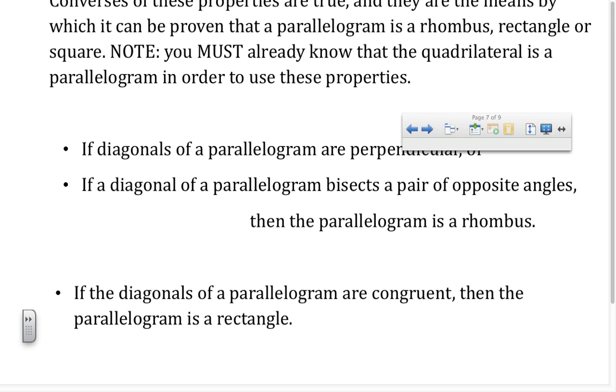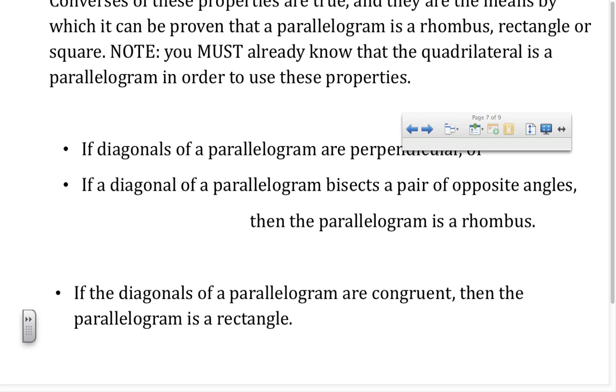And I know some of you may be thinking I'm making a big deal out of something that might not be a big deal. However, it is a big deal because there are other quadrilaterals for which the diagonals are perpendicular. There are other quadrilaterals for which the diagonals bisect angles, and they're not actually parallelograms, so they wouldn't be rhombi. Same thing goes with the diagonals being congruent.